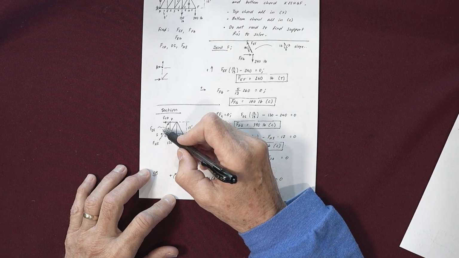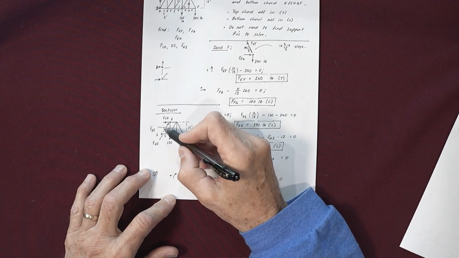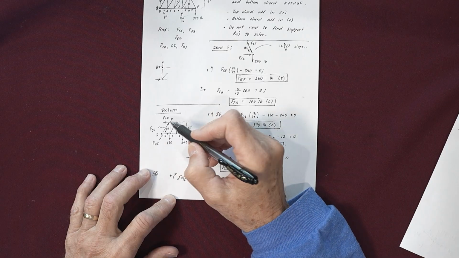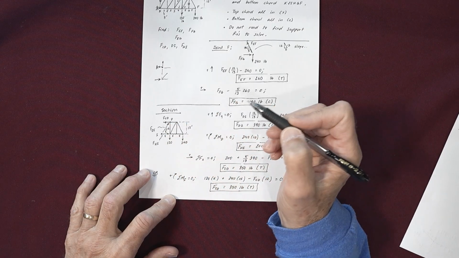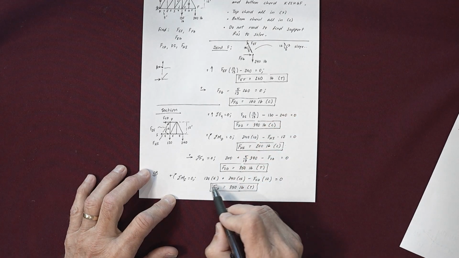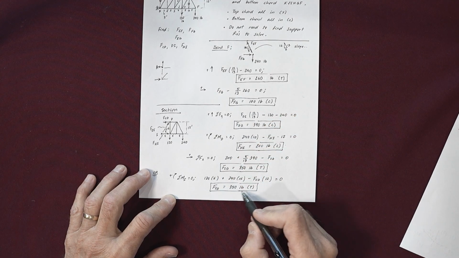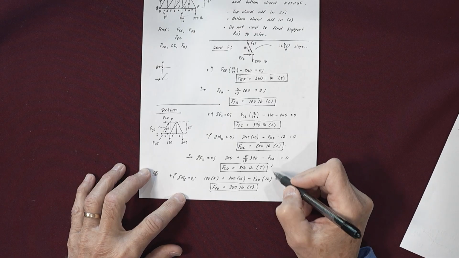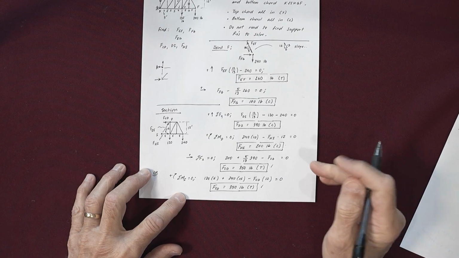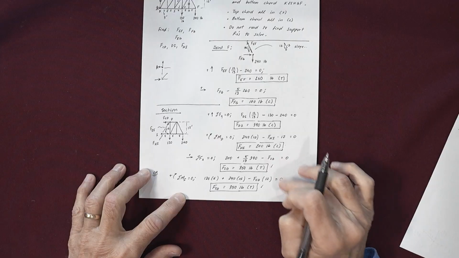We've got the 120 times 5, the 240 times 15, and then minus the FCD times his moment arm, which is 12. And so if you write those terms, you get FCD is equal to 350 pounds tension, which is the same thing we got from the X summation. So either or, you don't have to do both, either or.